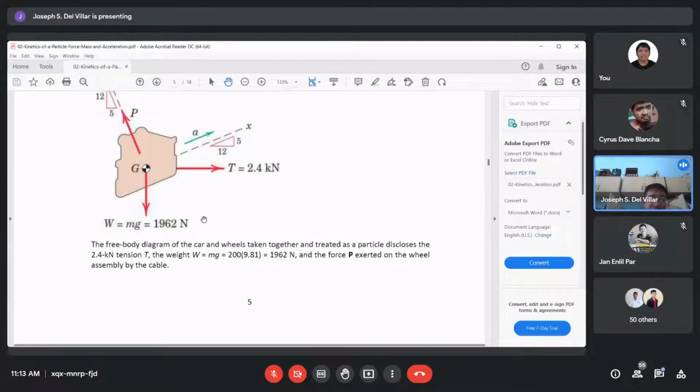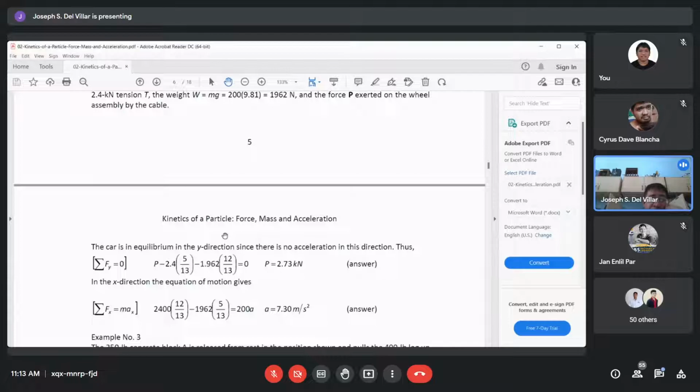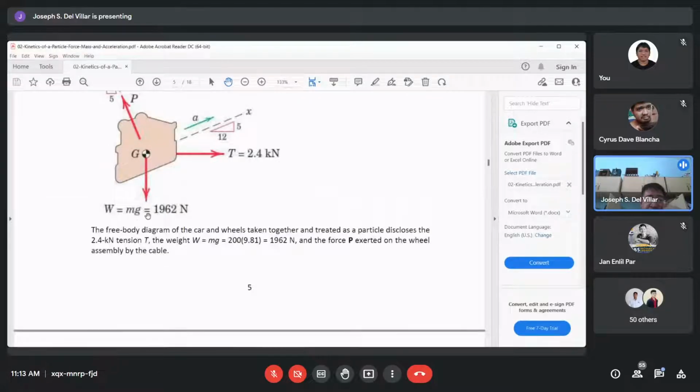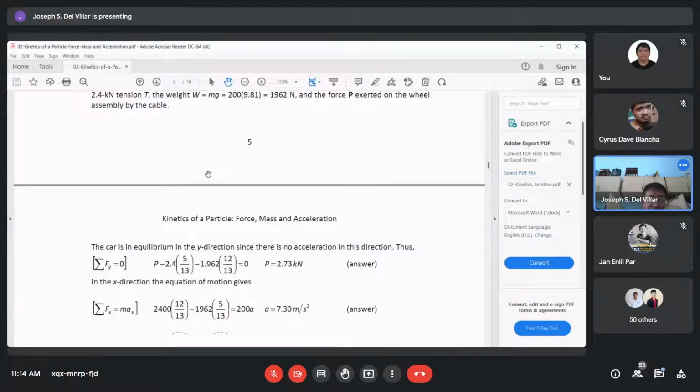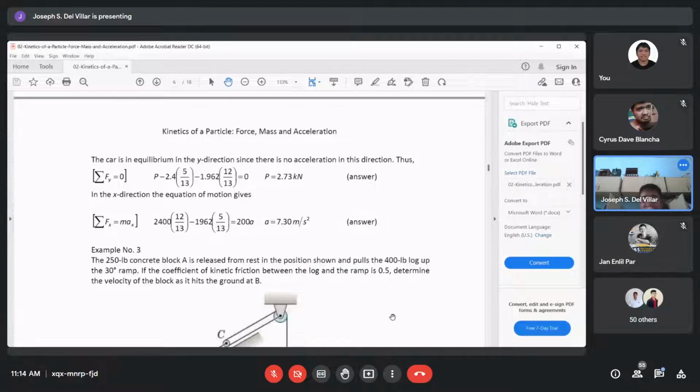So minus the component of the weight, and what is that? Over 13 again, but 5 over 13. That is the X component, 5 over 13, equal to M, which is 200, times acceleration A. We do not know A. So this is one equation, one unknown. You can solve for A, and that is 7.3 meters per second squared.